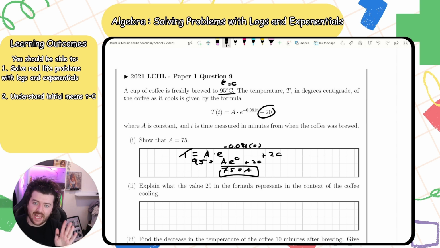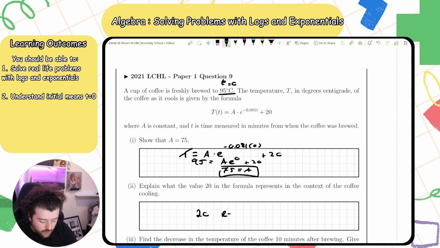If t gets really, really big, e to the power will get really, really small. So this is all limits. But the 20 here represents the room temperature. The coffee will not get colder than 20 degrees, because it can't get colder than the room it's in, you know?